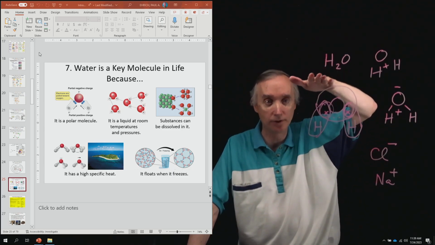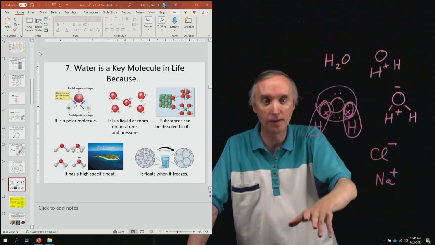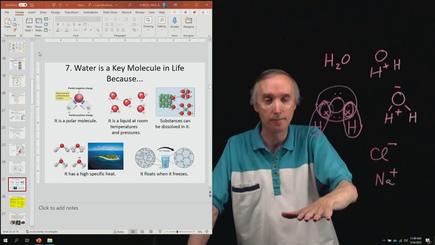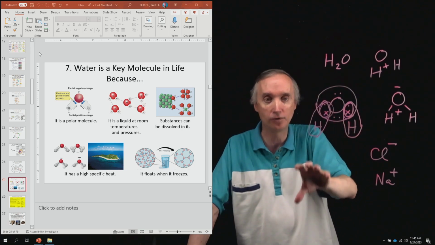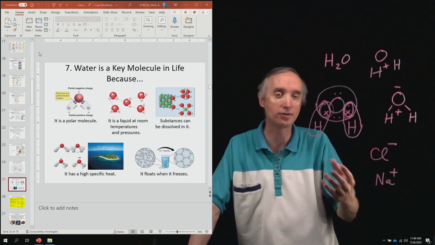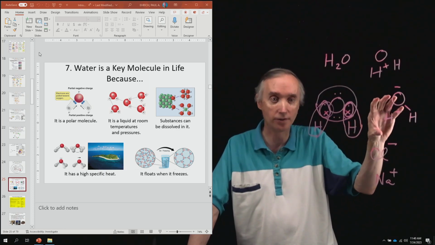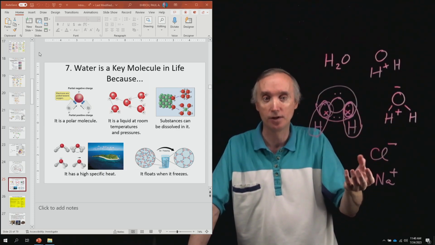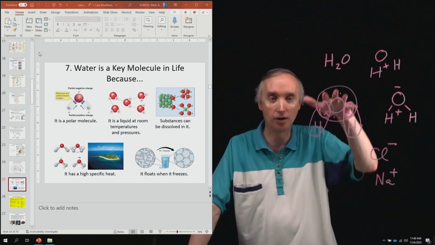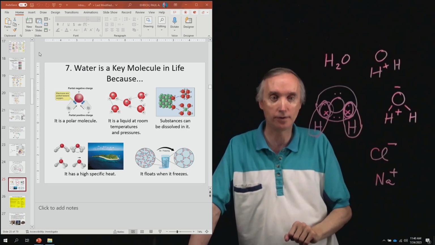Then what would happen is that layer of ice would drop to the bottom of the lake, and then a new layer of ice would form at the surface, and it would drop to the bottom of the lake until finally the lake would just be full of ice, and it would never thaw out. Well, maybe during the summertime, the first few inches of the material on the top would turn into a liquid. So it's a really, really good thing that when water freezes, it floats and it makes a surface, and then that protects anything that is underneath it.